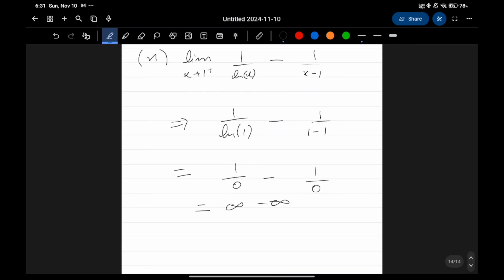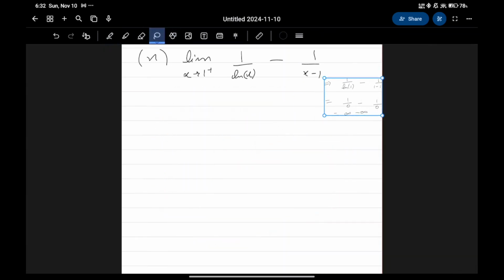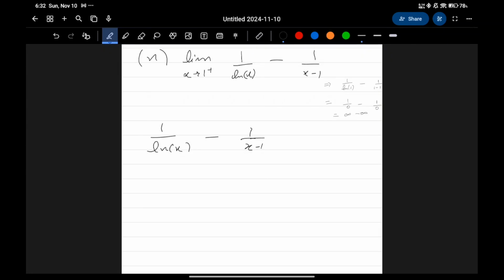So infinite minus infinite. In this, what did I talk about? I need to either artificially take them common, or if they are in fractions, I can just take their denominators common. So if I combine the denominators, I need to have the denominator log of x times x minus 1.